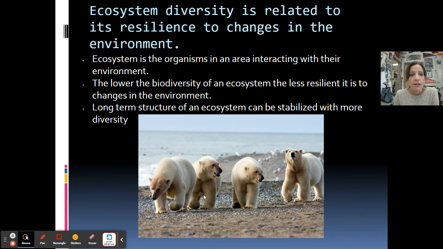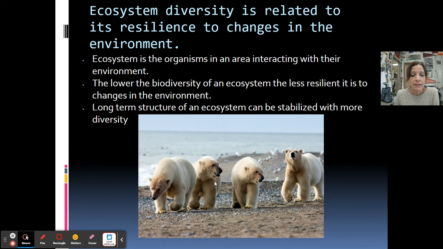If there is higher biodiversity, then if one species or population goes down, other ones will be there to fill in and compensate for it. So high biodiversity, very stable ecosystem; low biodiversity, unstable ecosystem.